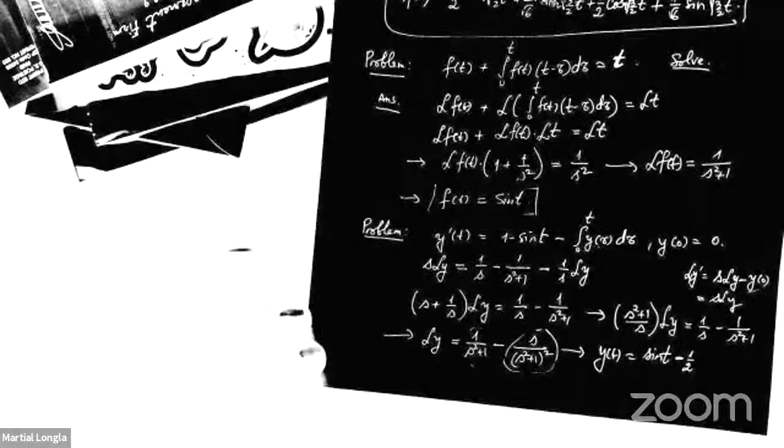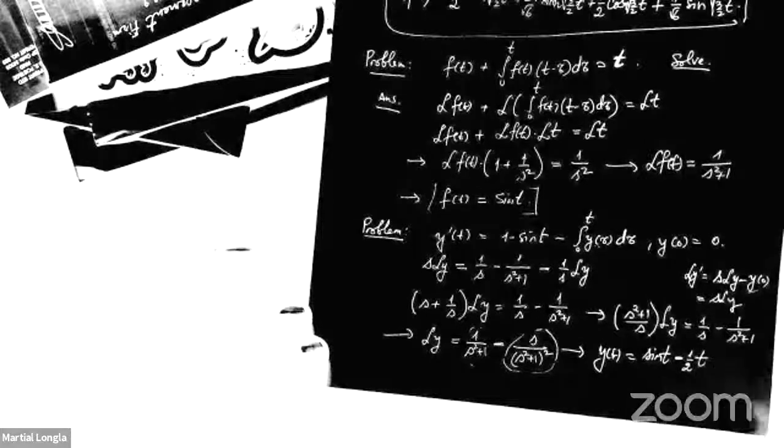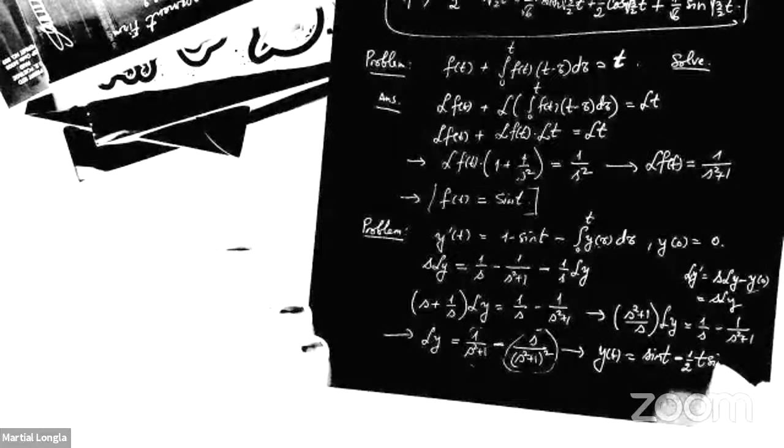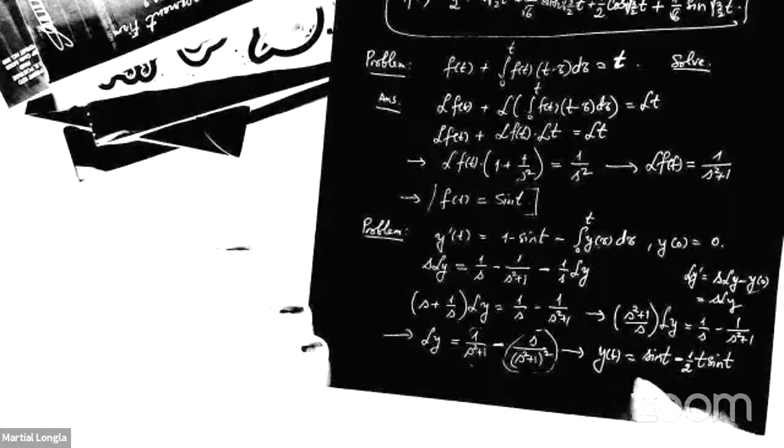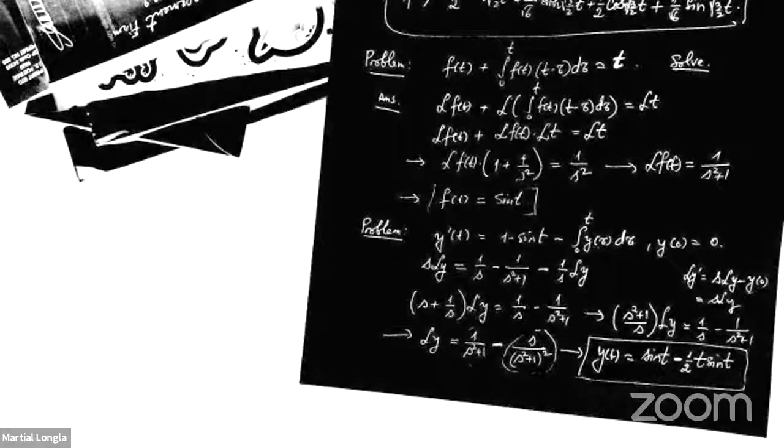So we put that 2 and get 1/2. And then you would have this minus and minus the derivative of that, which is the Laplace transform of t sine t. Ta-da! I was close. Very close, right?